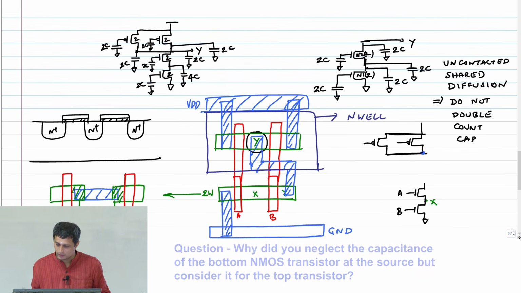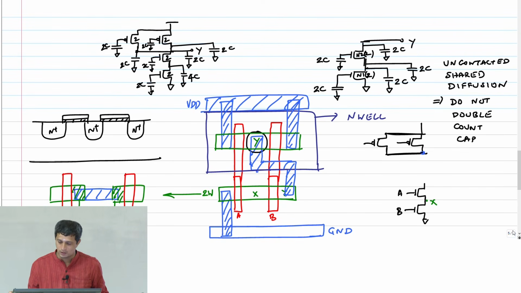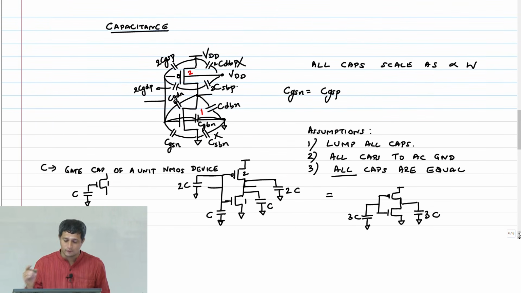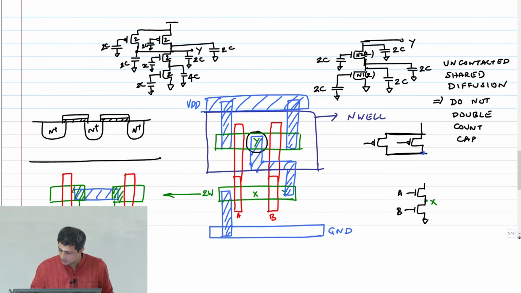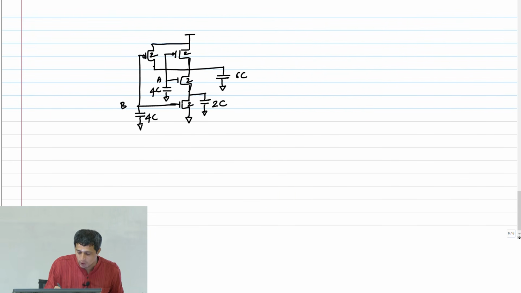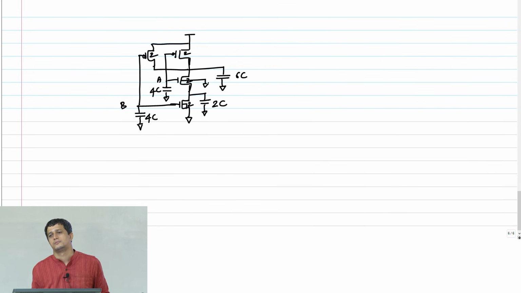See, for the inverter, the bottom transistor's source was shorted to the body. Both are connected to ground. If you look at this NMOS transistor stack here, this one's body is grounded and this one's body is grounded, but the source is not. Therefore, I have to bring in that capacitance there.